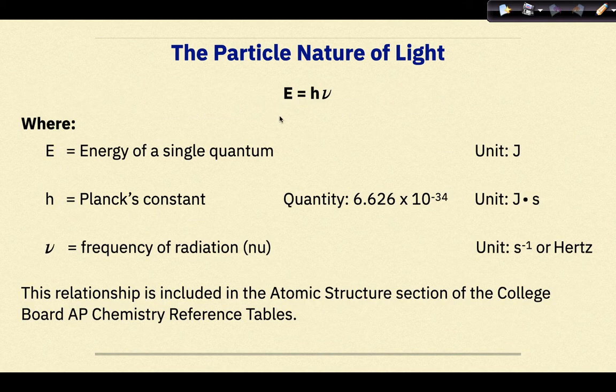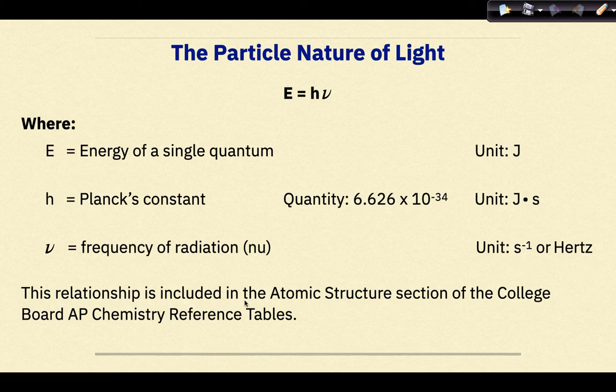To calculate the energy of a single quantum, we will use the formula E equals h nu, where E represents the energy of a single quantum, represented by the unit J. H represents Planck's constant, with a quantity of 6.626 times 10 to the negative 34, represented as the unit joules seconds. Nu is the frequency of radiation, represented as per second, or cycles per second, or hertz.